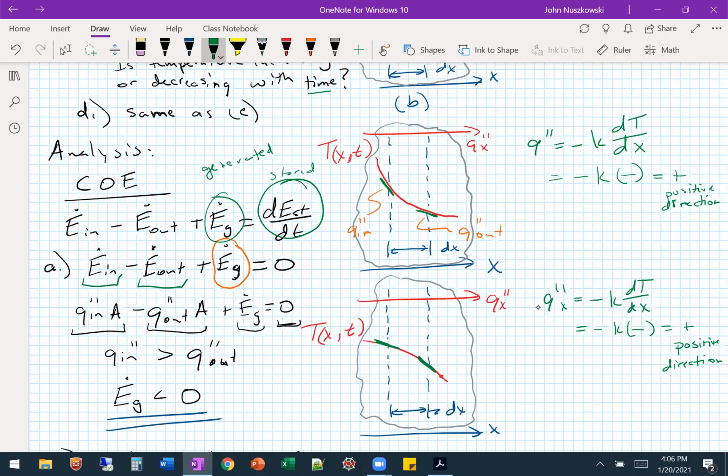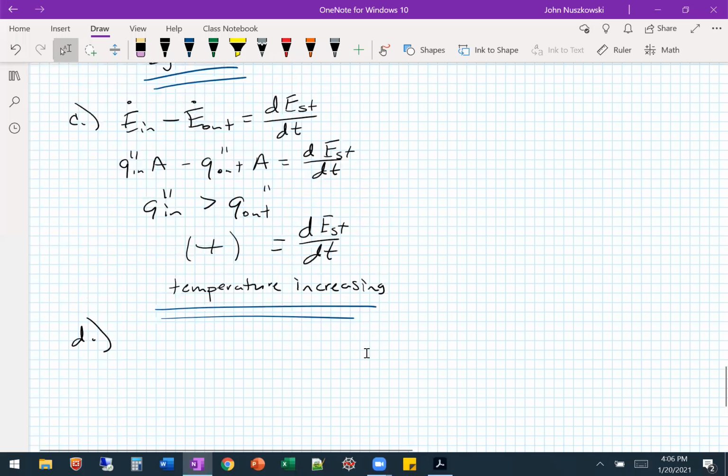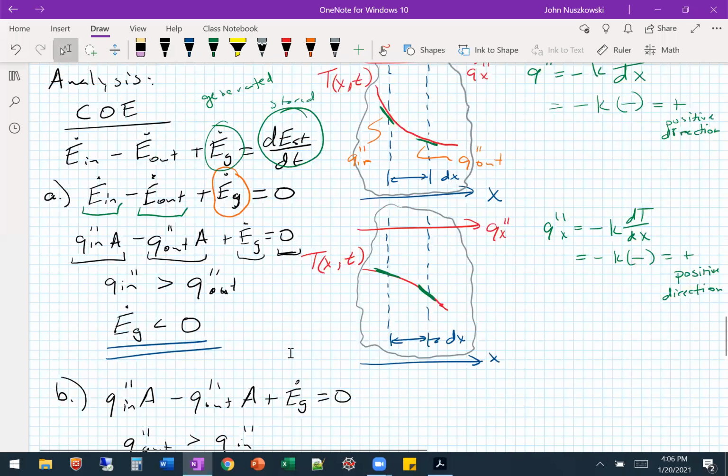All right, so then we can rewrite this, and we have in on the left and out on the right.